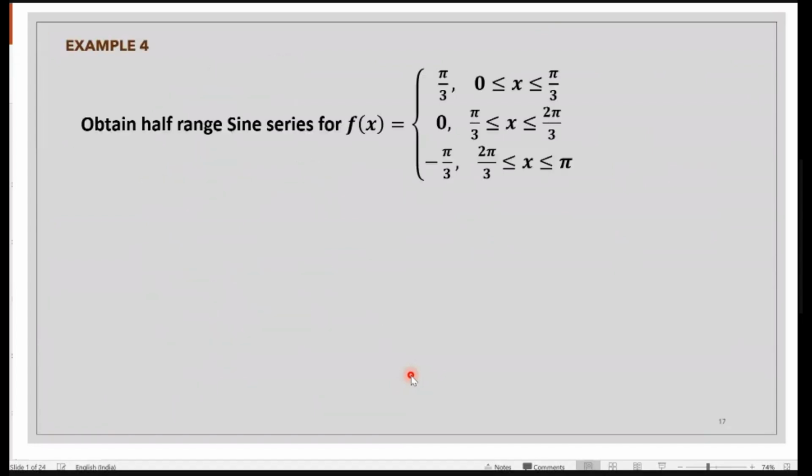Next problem, half range sine series for f of x, where we have 3 intervals. From 0 to pi by 3, the value is pi by 3; from pi by 3 to 2 pi by 3, it is 0; and from 2 pi by 3 to pi, it is minus pi by 3.